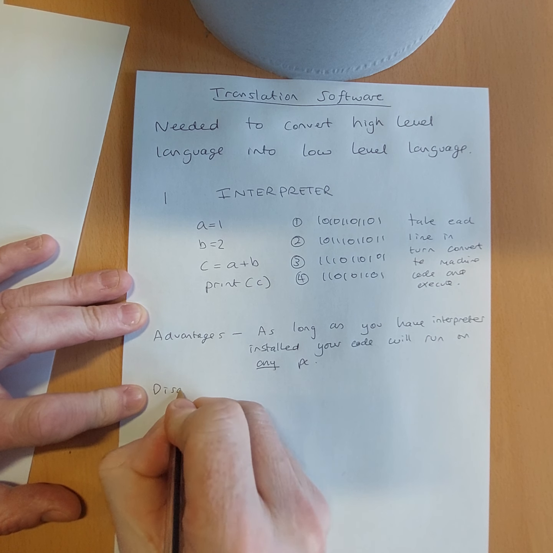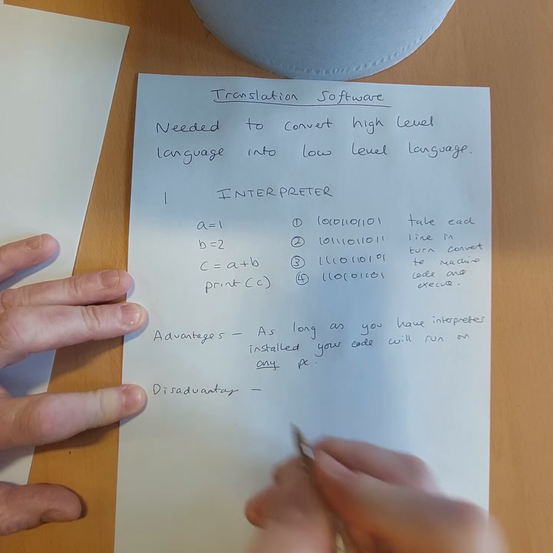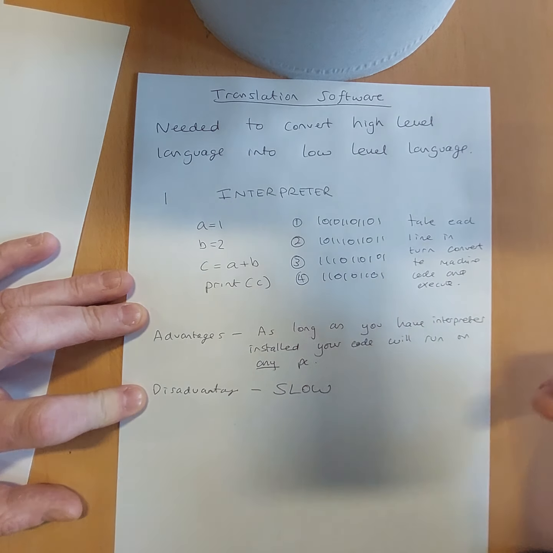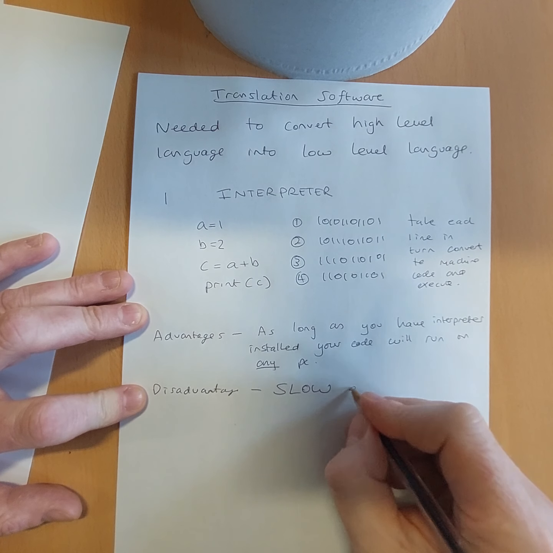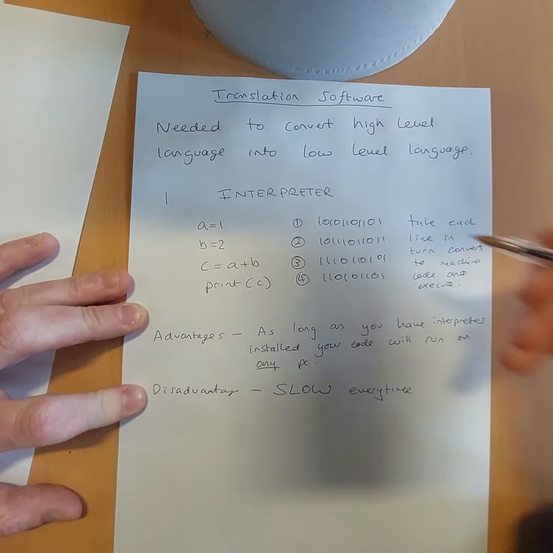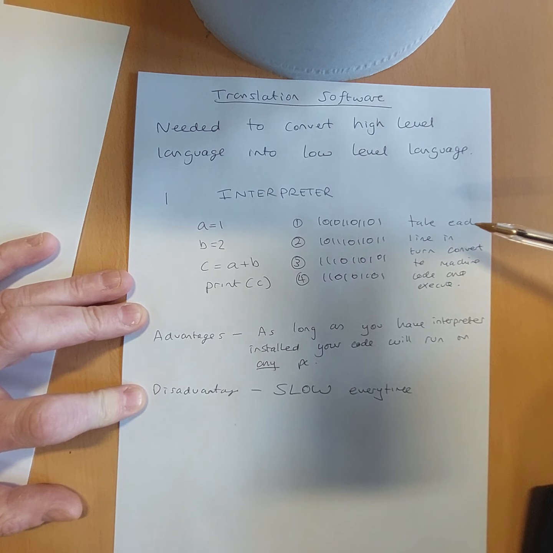So disadvantage. The main disadvantage is it's slow. It's slow because every time you want to run it, it has to convert each line into machine code and then execute that line.